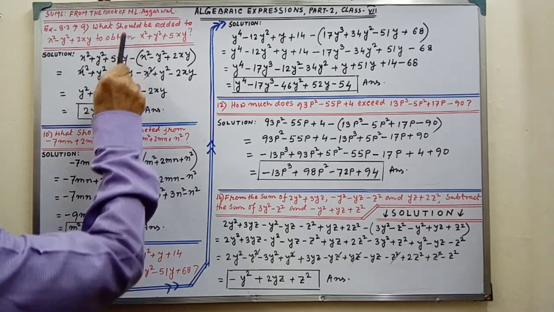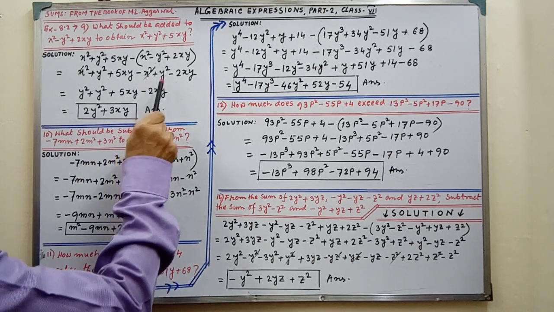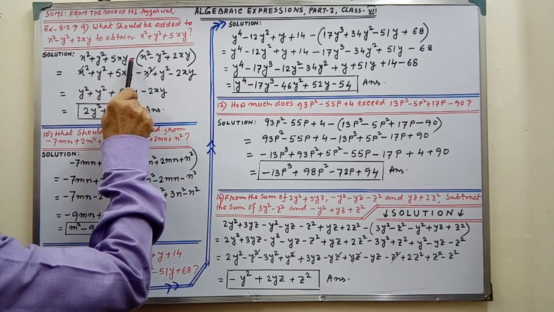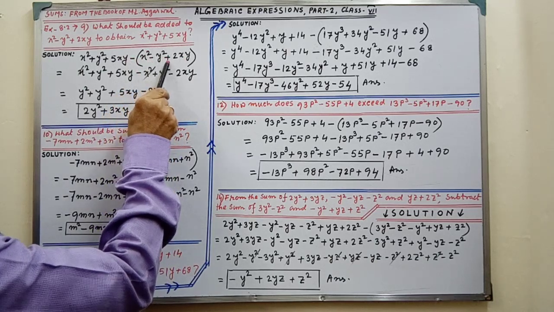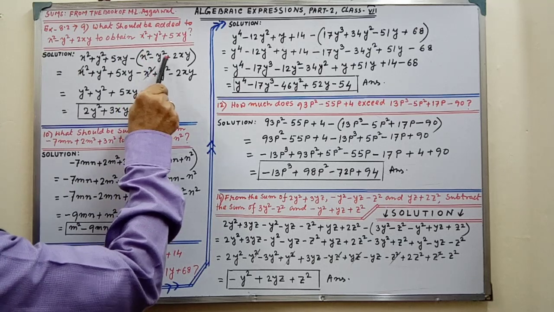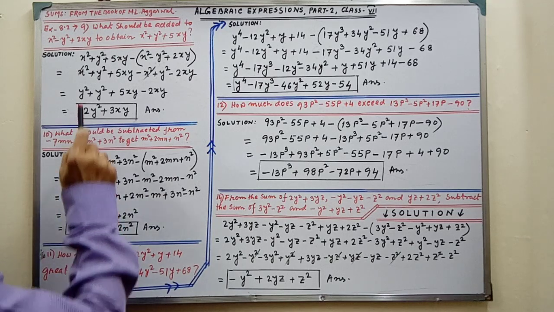From the language of the sum, we are getting this expression. Remaining parts are very simple. When you are eliminating the bracket, the inside sign will be changed. Here minus will be plus, and here plus will be minus. After that, we have to simplify.